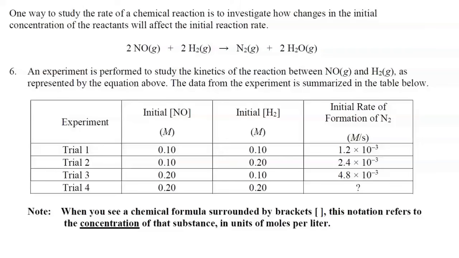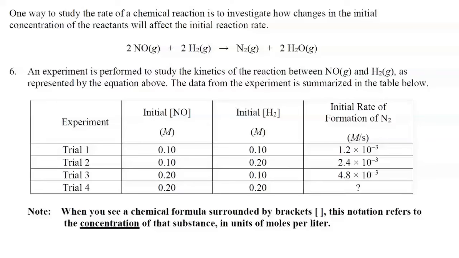One way to study the rate of a chemical reaction is to investigate how changes in the initial concentration of the reactants will affect the initial reaction rate. Question 6. An experiment is performed to study the kinetics of the reaction between nitrogen monoxide, NO, and hydrogen, H2, as represented by the equation above.